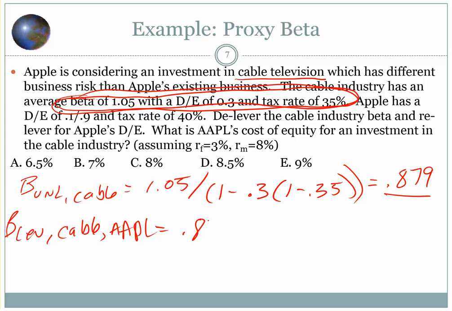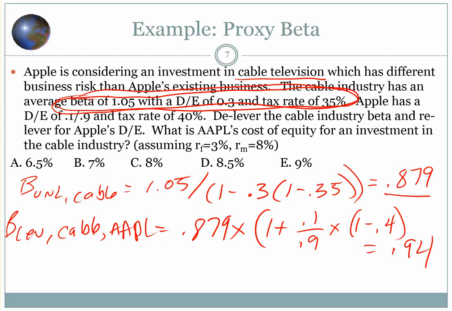So with 0.879, I'm going to lever the beta, multiplying by 1 plus the after-tax D/E, and I get a beta of 0.94 for Apple in the cable business. And then I plug in my CAPM formula and calculate the cost of equity.